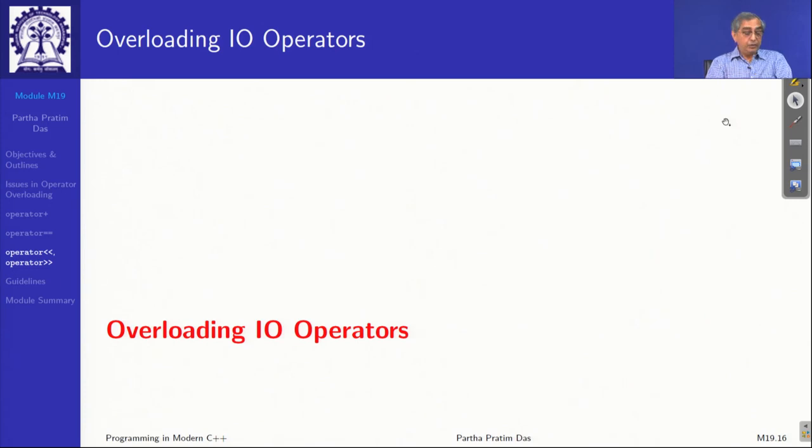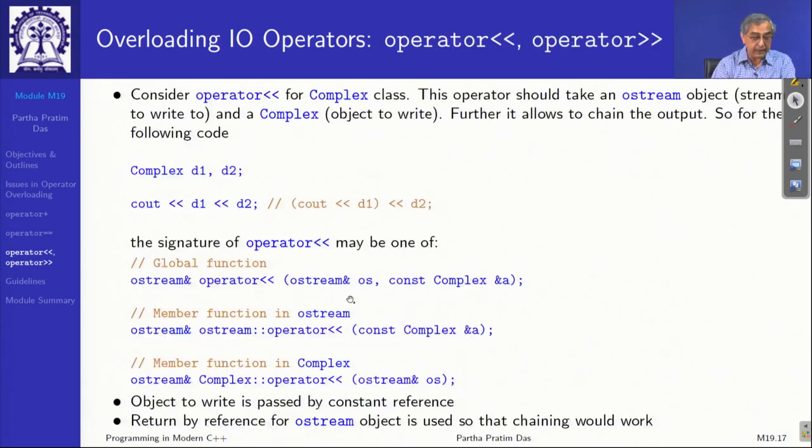So, let me move on to discuss the IO operators, the other issue, the second issue I talked of. So, we want to create an output streaming operator for the complex class, so that for any complex numbers I have, I should be able to just write cout, D1, D2.